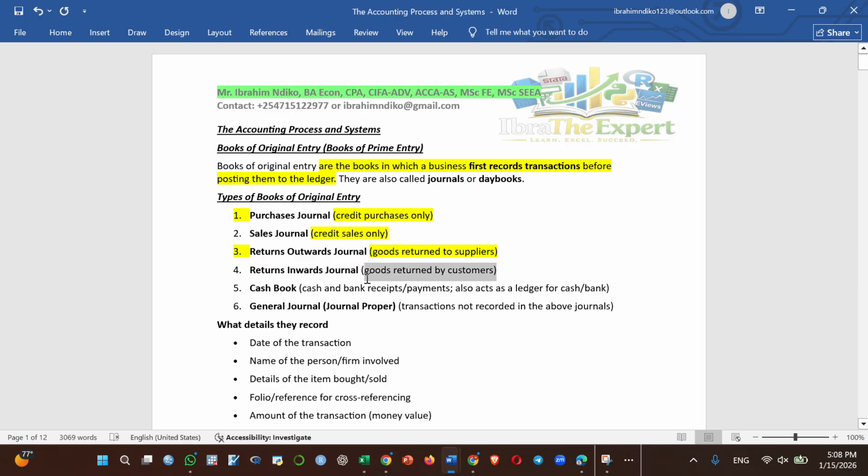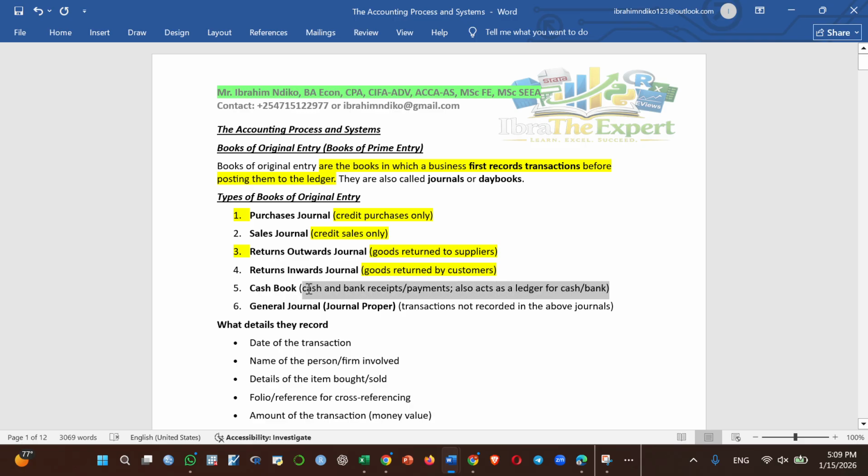Then the return inwards journal, it records what? Goods returned by the customer to our business. In this case, we assume we are the business, the one who is recording. Then you have the cash book.